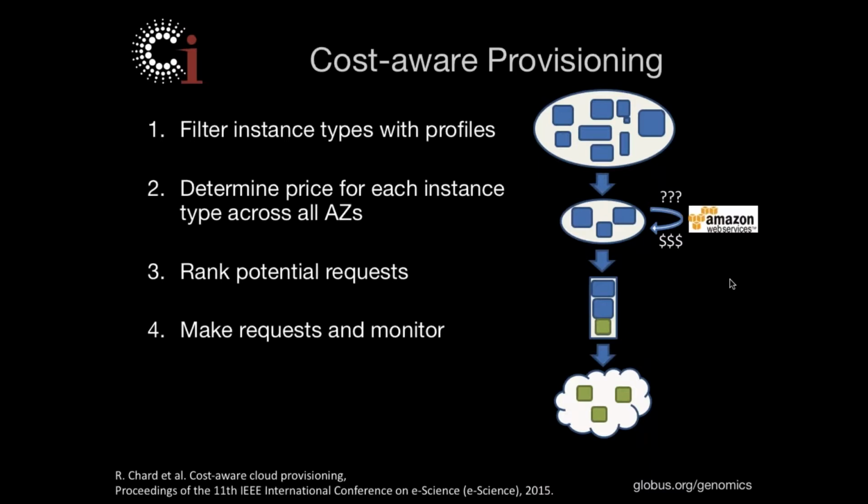So the cost-aware provisioning, in our experience, we wrote a bunch of papers around it. By understanding the profiles and by using economics, we were able to save around 90% of cost compared to on-demand instances, just by being a little bit smarter about scheduling these tools on the Amazon cloud.